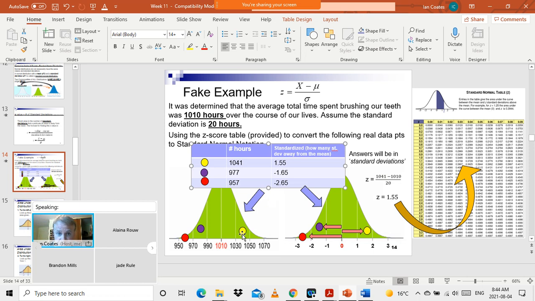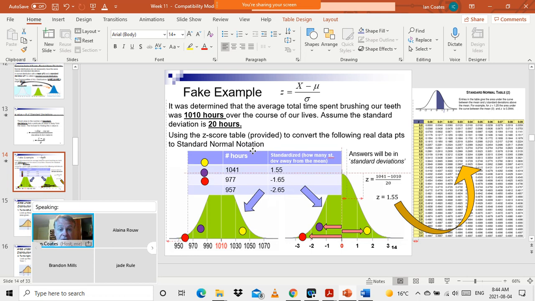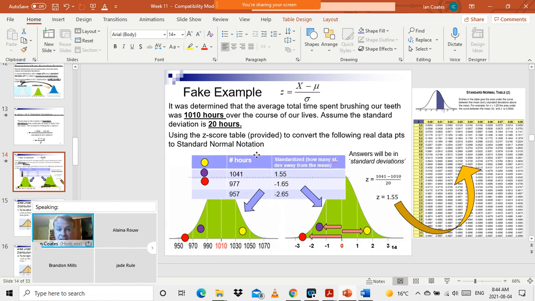Then some people were 977 hours, and that falls right in here somewhere. And some people even spent 957 hours. Not enough time brushing your teeth, I tell you. That's right in here. So these are real data points, and I want you guys to be able to transform these using Z scores.